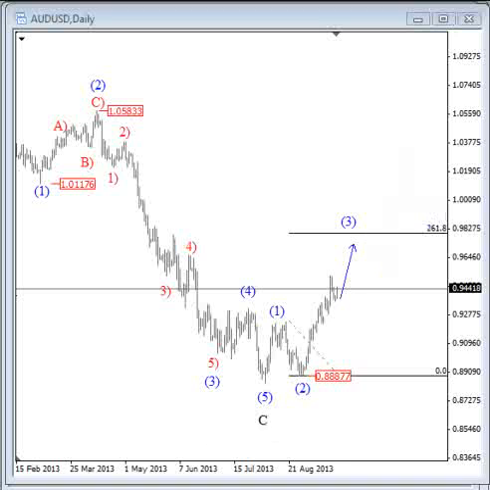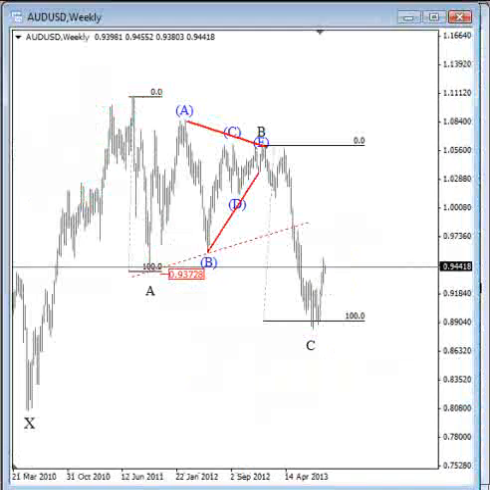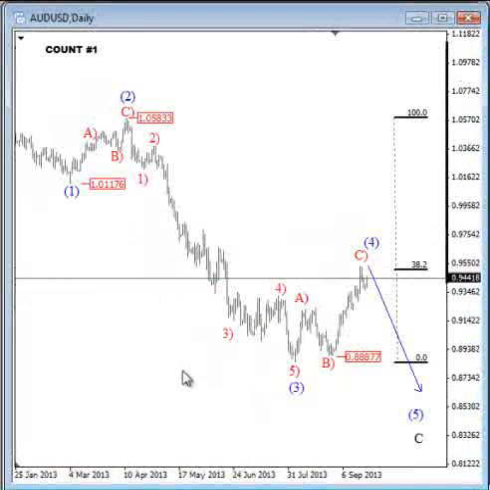Okay traders, I hope this video cleared some views, so that we are all on the same page about what we are looking at and what we are expecting. And the most important thing regarding all of this is always to keep an eye on different wave counts, on different possibilities, and be prepared for either bullish or bearish scenarios.